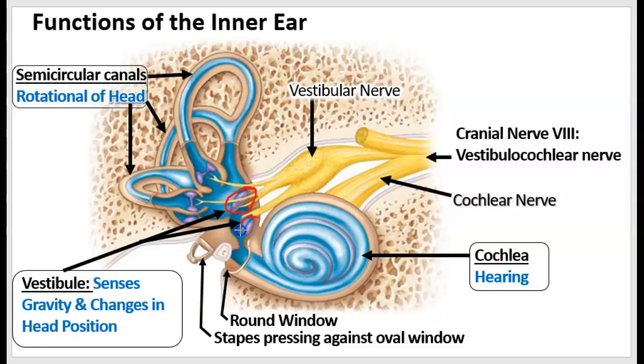They have specific names, but we're not going to cover them. When the fluid moves due to changes in head position as well as gravity, they are excited. So they're part of the semicircular canal function of equilibrium, and signals will be transmitted via the vestibular nerve to cranial nerve 8.